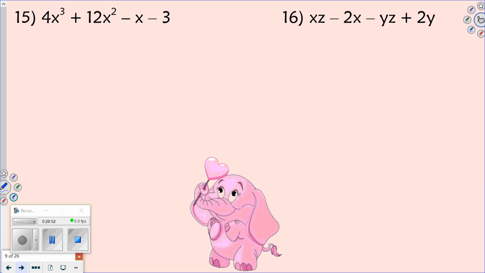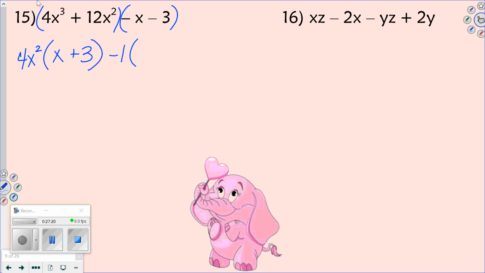Okay, try 15. All right, so on 15, group the first two, group the last two. GCF in the first set would have been a 4x squared. So x plus 3. GCF in the second set is actually negative 1. And again, even if that was a positive x right there, I would still take a 1 from it. I need something to be here for my leftovers.